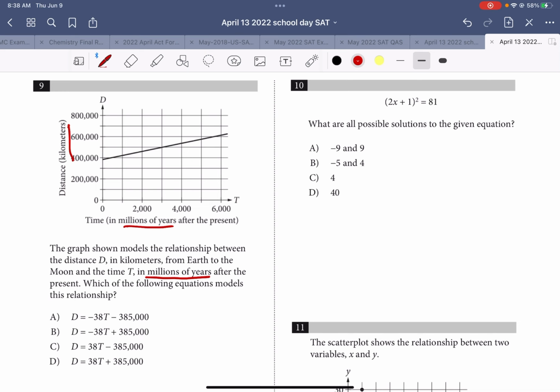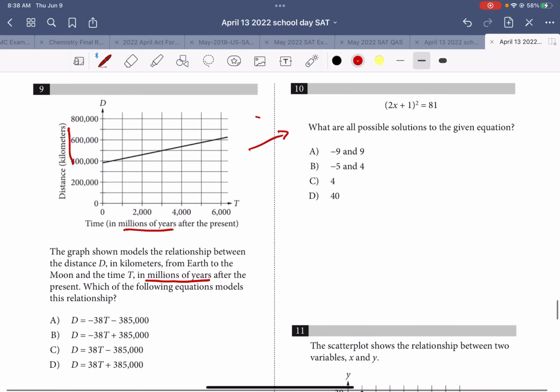Your slope is going up, so a positive slope. A negative slope doesn't make sense, so it's either C or D. And your y-intercept is approximately 385. That makes sense, definitely not negative. So the answer has to be D.